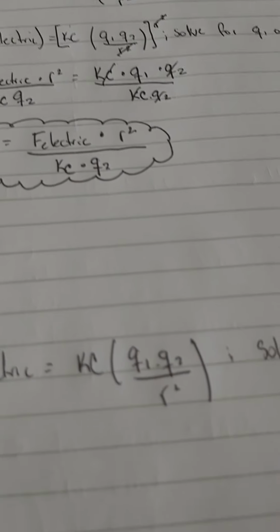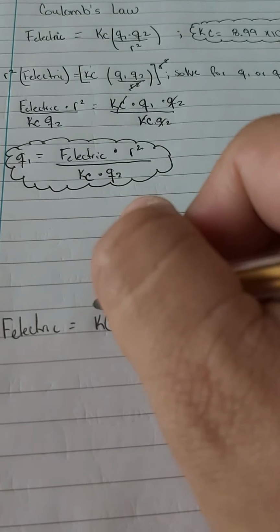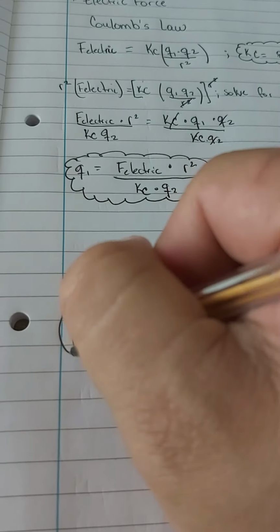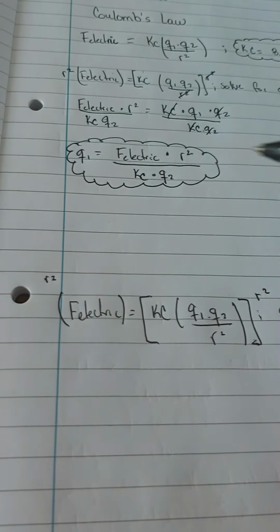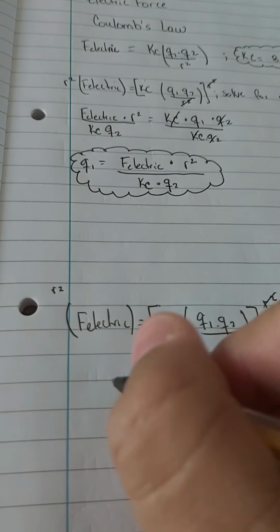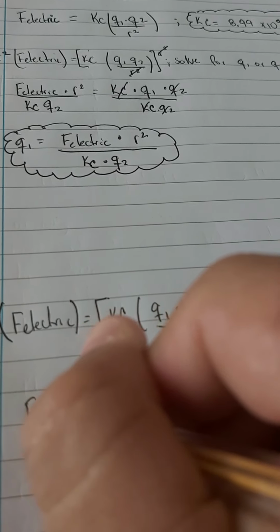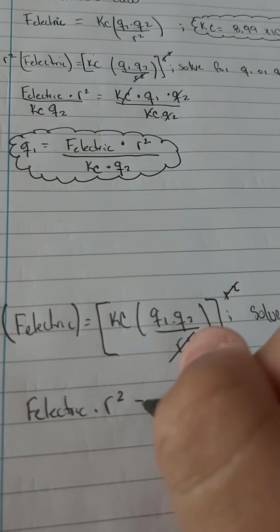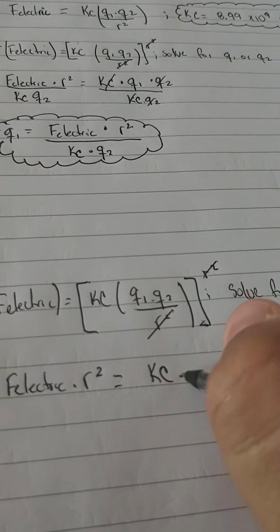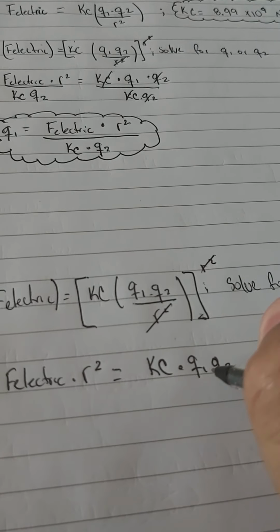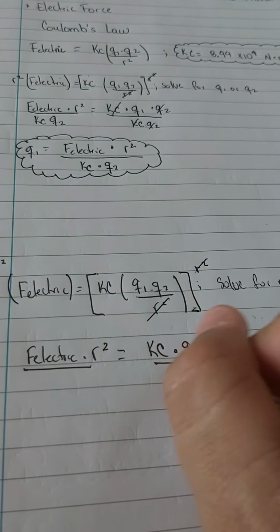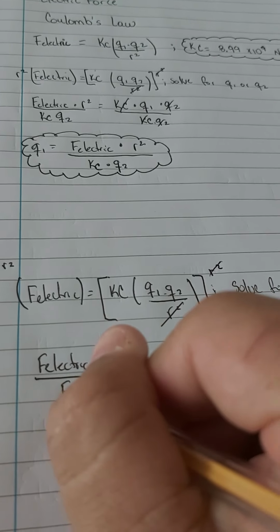Simple. First, we multiply again both sides of the equation by radius squared. So we get electric force times radius squared equal Coulomb constant times charge 1 times charge 2. Now we divide both sides of the equation by the electric force.